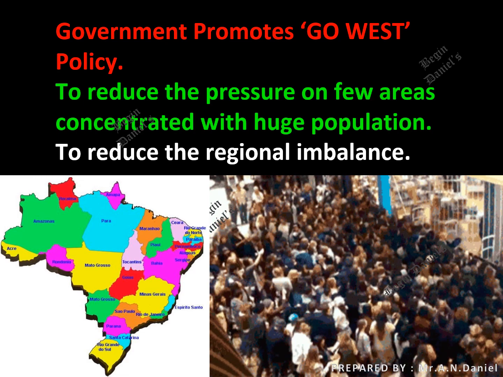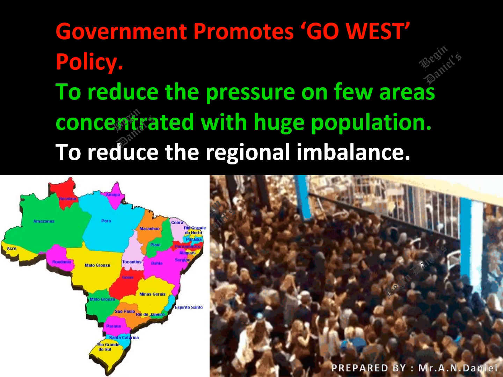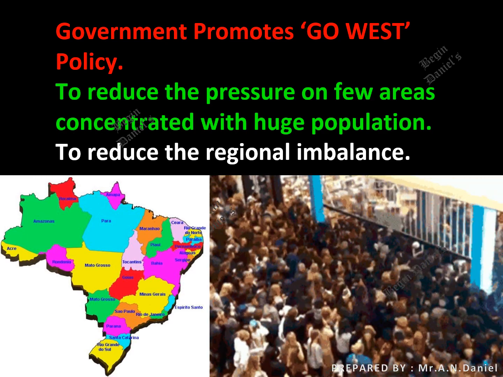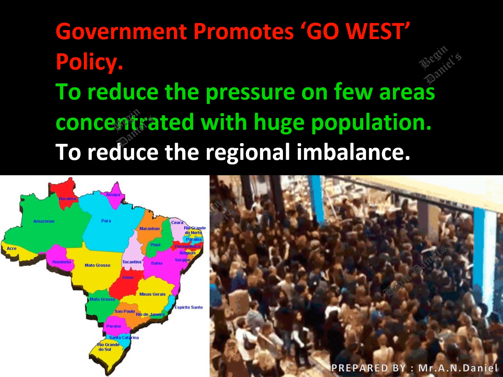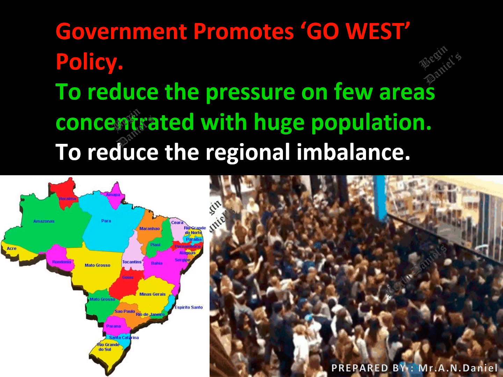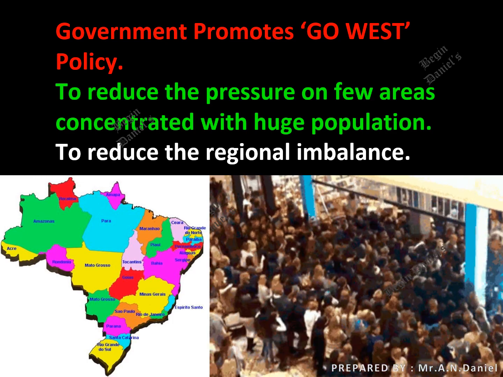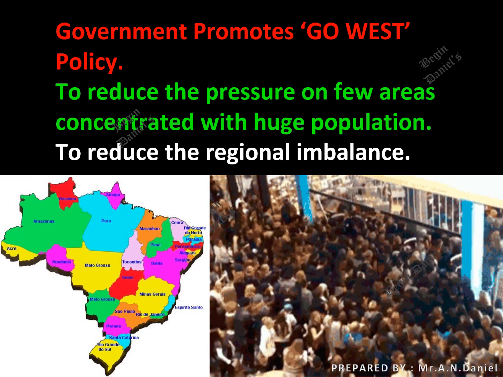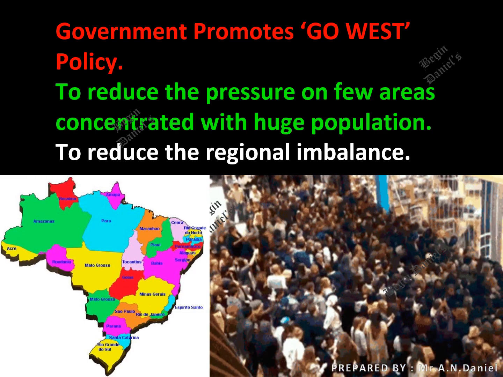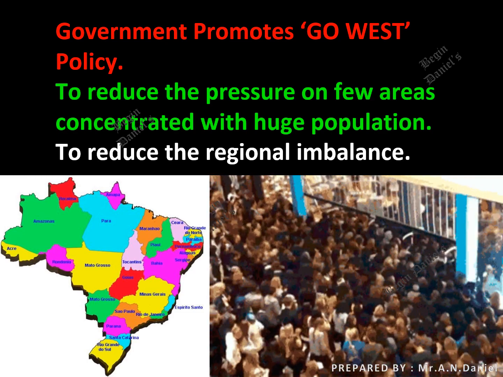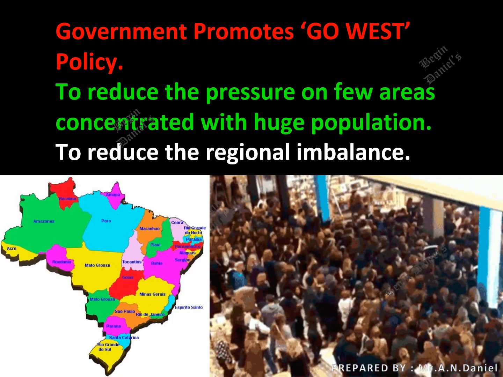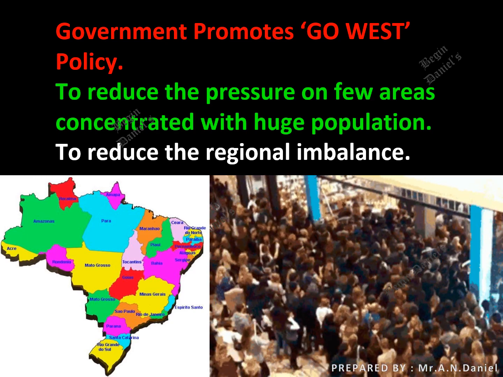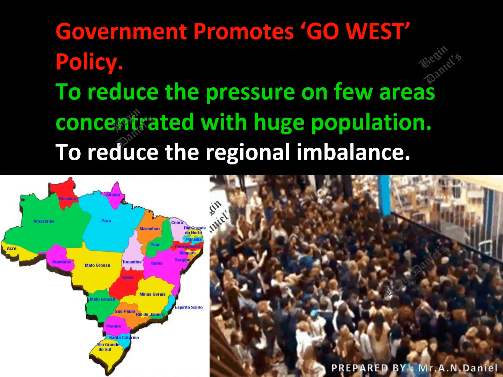So the government wants to increase development in the western side, to create balance between east and west. That is why the government started propagating the Go West policy, to reduce the pressure on a few areas concentrated with huge population and to reduce regional imbalance.